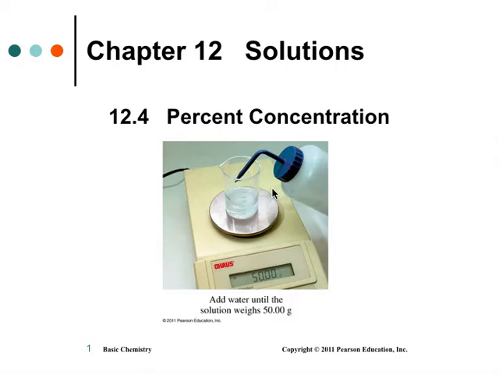So if you put 1 teaspoon of salt in a glass of water, you have a certain concentration. If you put twice as much, or 2 teaspoons, you're going to have twice as much concentration, etc. So there's various ways of doing it. We can look at the weight.